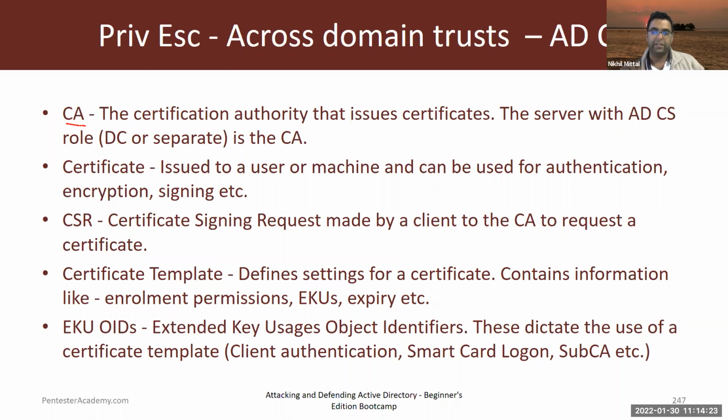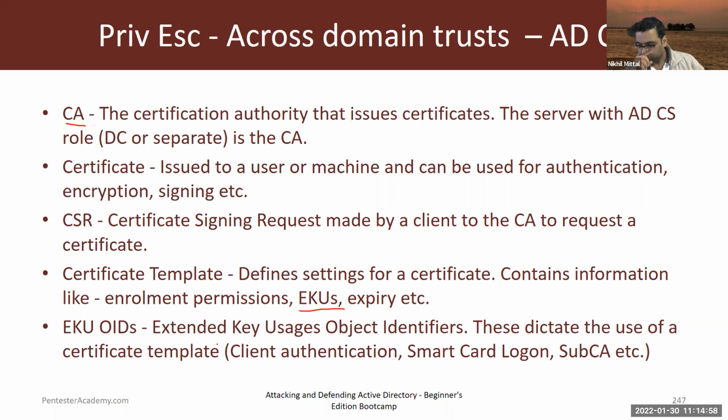A certificate template defines settings for a certificate: who can enroll, that is, who can request this certificate, when the certificate would expire, and what the use of the certificate could be. EKU is extended key usage. The certificate template contains EKU OIDs as well, that is, what the certificate can be used for. Can the certificate be used for client authentication? Can it be used for smart card logon? Can this be used by a subordinate CA, etc.?